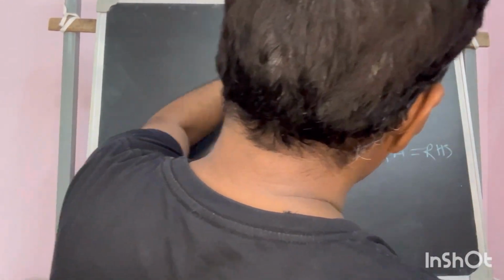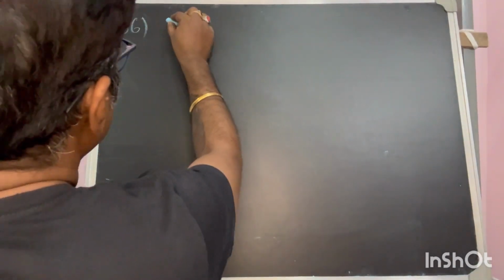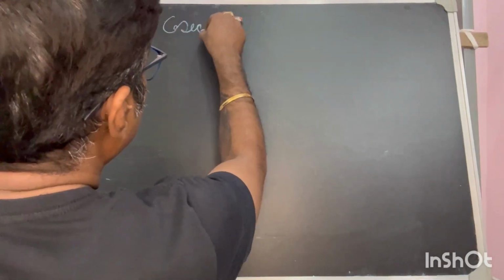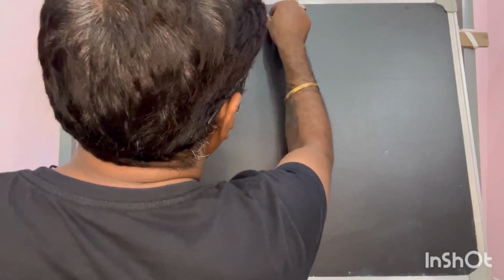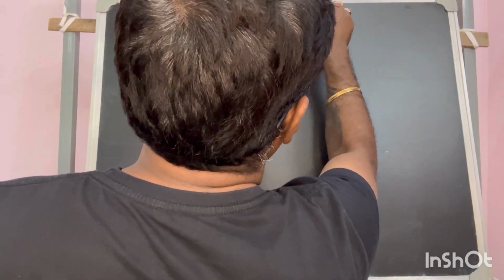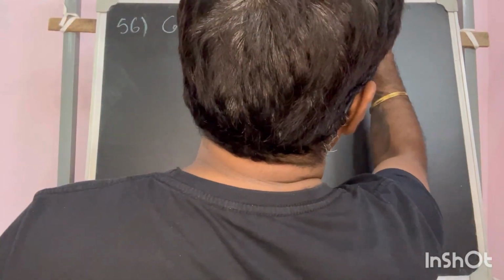So moving on to 56. 56 says cosec theta into cos of (theta plus 54) is equal to 1.